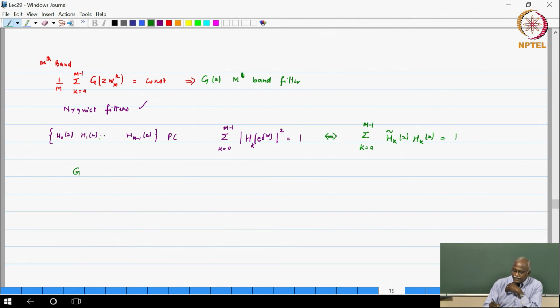Now, if we can represent or show that there is a mth band filter G of Z which can be factorized in the form of h tilde of z times h of z. Okay. There is a specific name for this. This is called a spectral factor of G of Z, because magnitude G e of j omega is equal to magnitude h e of j omega magnitude squared.